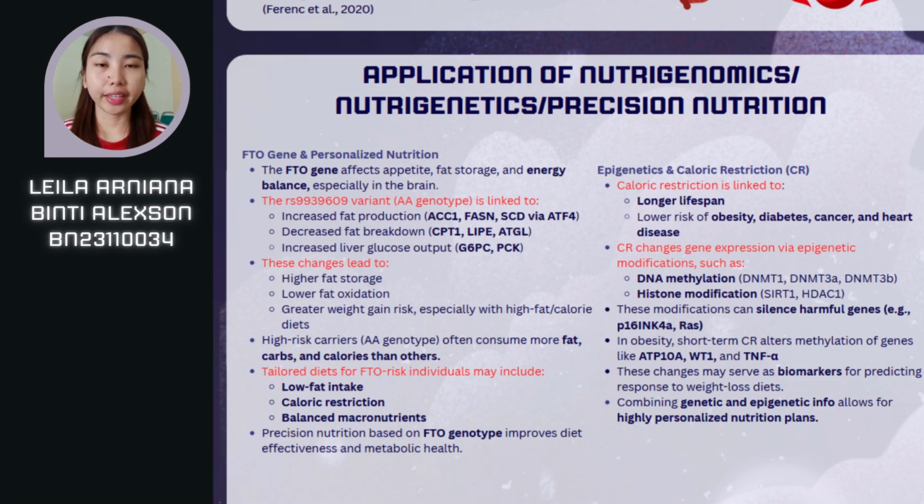All of these findings contribute to the growing field of precision nutrition, which aims to provide dietary recommendations that are personalized based on individuals' genetic and epigenetic background. This approach goes beyond general guidelines by taking into account how each person's body uniquely responds to food.